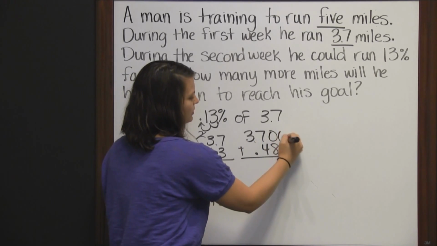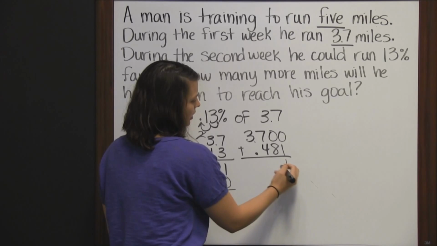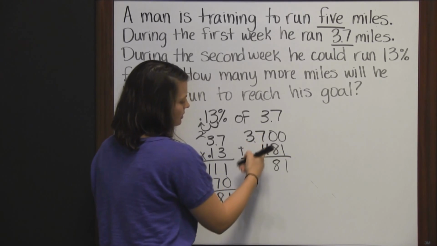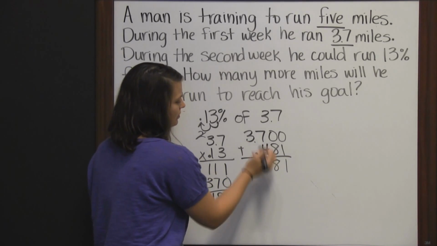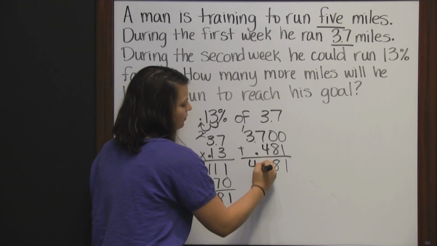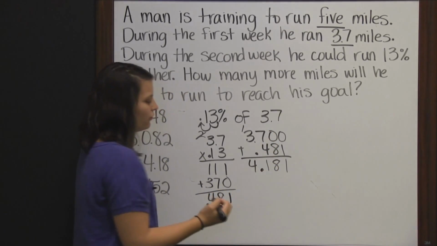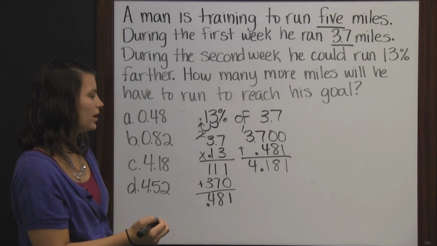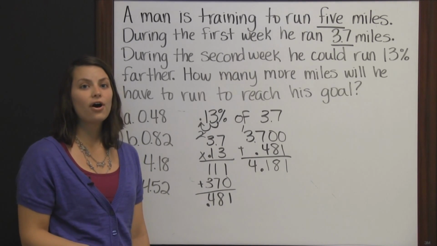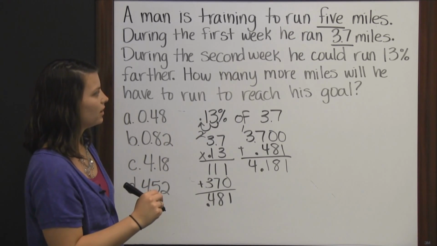We can put 0 placeholders here. So we get 1, 8, 7 plus 4 is 11, carry the 1. So we get 4, bring down our decimal. 4 and 181 thousandths is how far he's able to run after the second week.